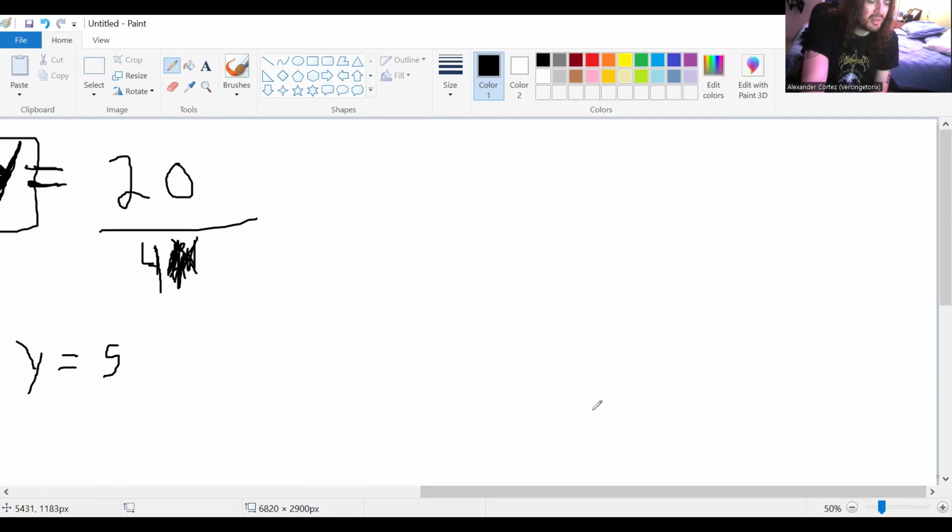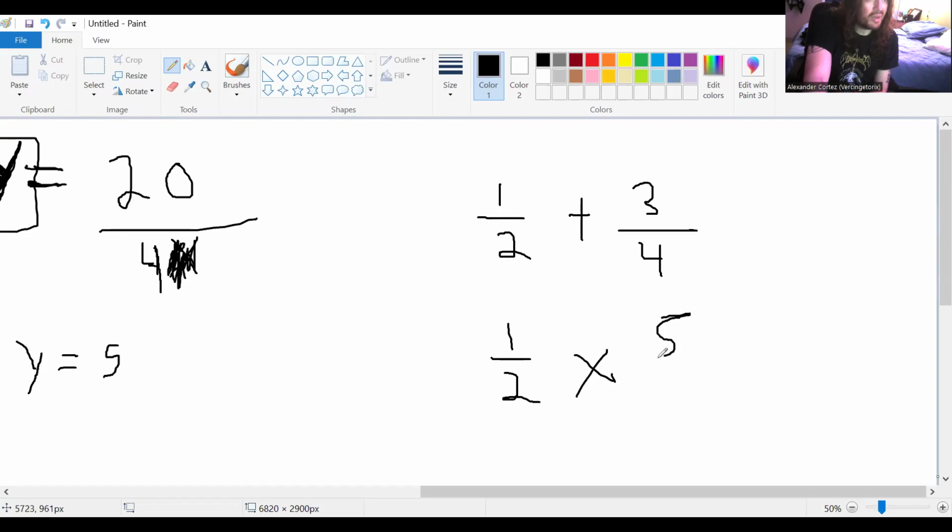In algebra, there's also a lot of fraction operations, or fraction mathematical operations, right? So they'll go half plus 3/4, or 1/2 times 5/8.